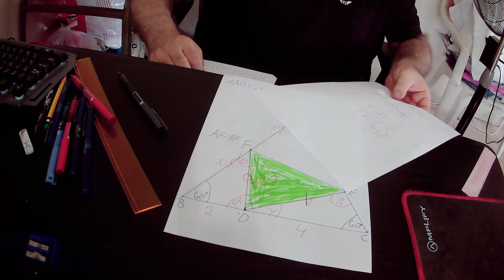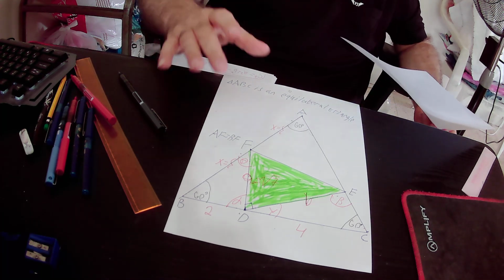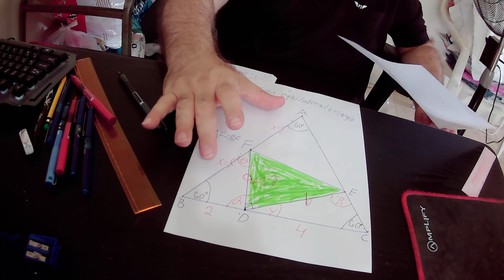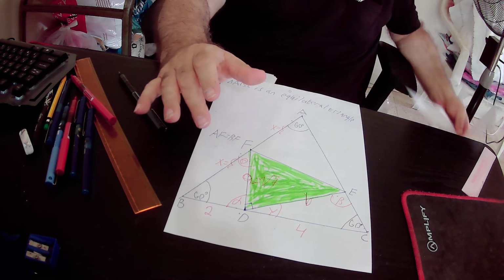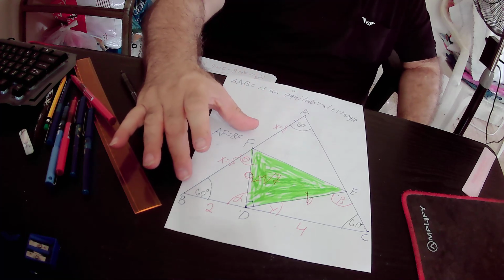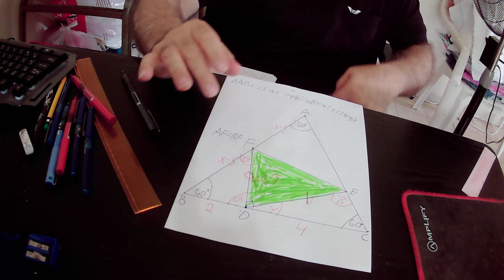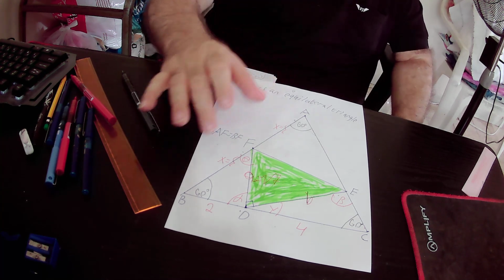We also know that AB equals 6 units from one side, but from the other side AB also equals AF plus BF, and we know that AF equals BF.